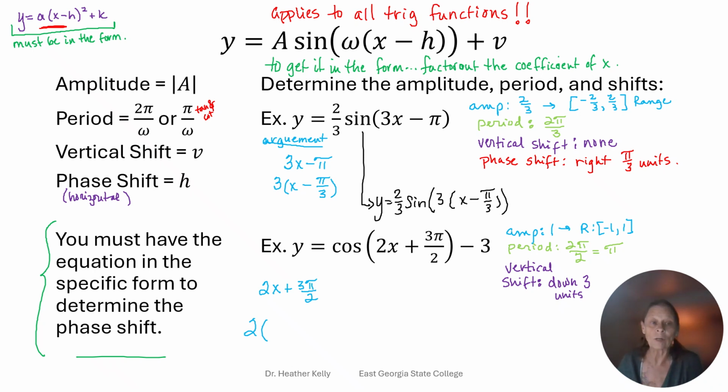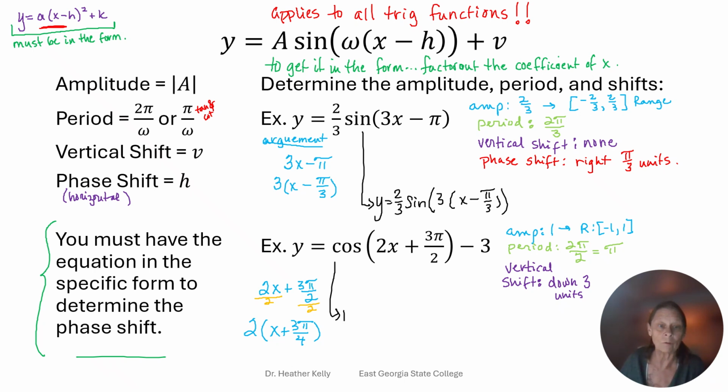Factoring out the 2 means that we're going to divide each of these things by 2. If we divide the 2x by 2, we're left with an x. If we divide the 3 pi over 2 by 2, we're left with 3 pi over 4. You're going to have to do some fraction work here.